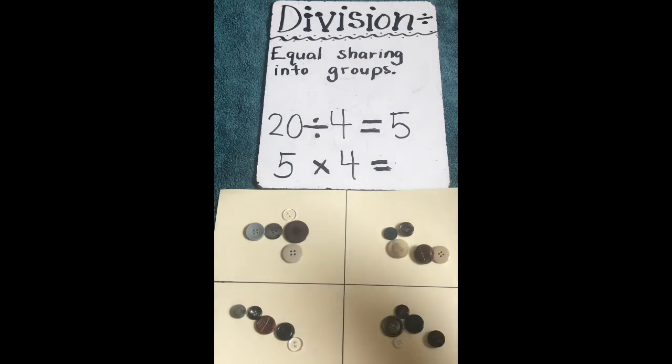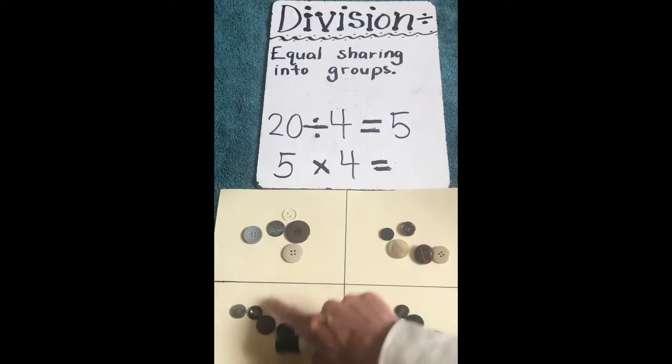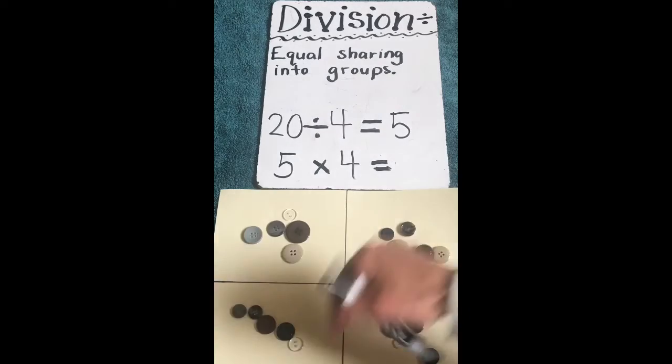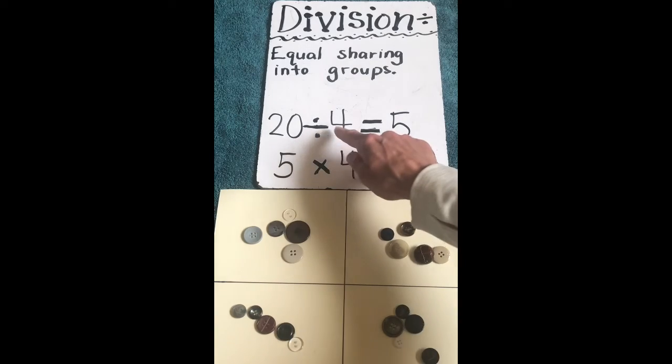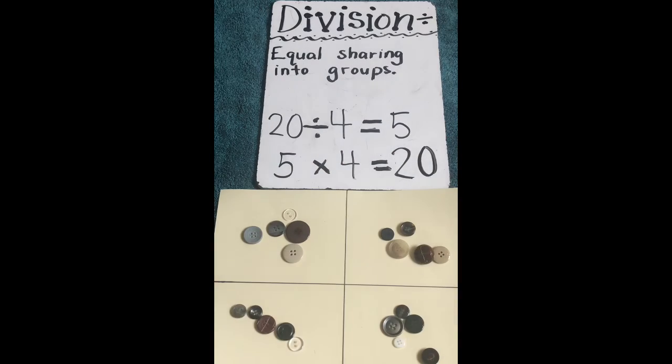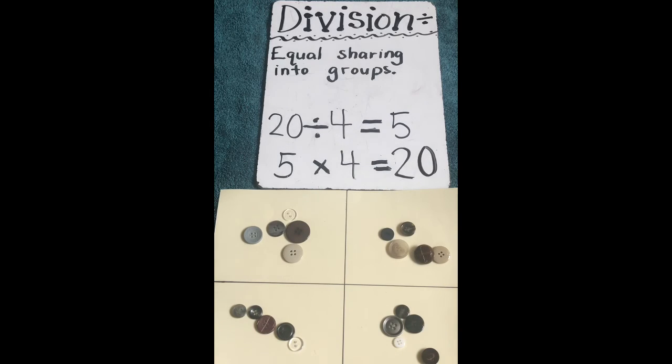And when we do 5 times 4, we know that we get 20 buttons altogether. So the related multiplication sentence for 20 divided by 4 equals 5 is 5 times 4 equals 20. So that's kind of like doing a fact family, but with division and multiplication sentences.